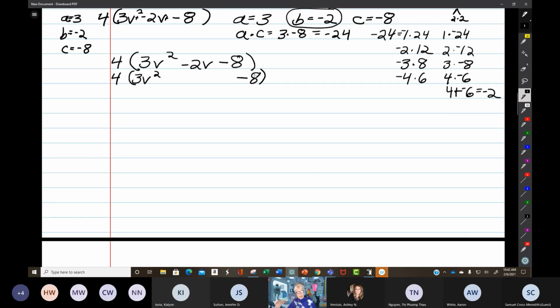But now, -2v, the middle term, splits apart into 2 other terms so that I have 4 terms so that I can do grouping. And here are the numbers I'm going to use. The 2 numbers that equal the B number, because they're going to equal this.